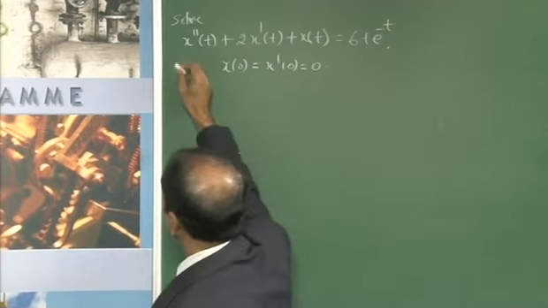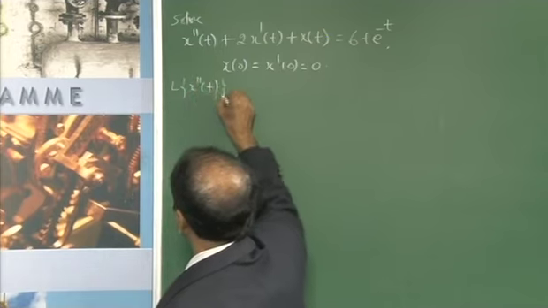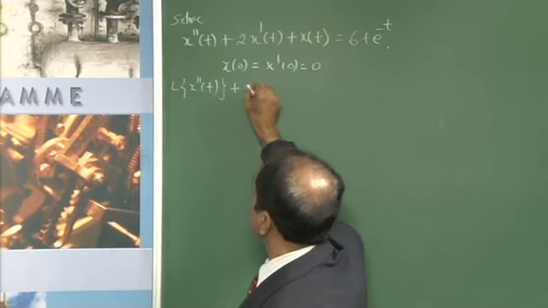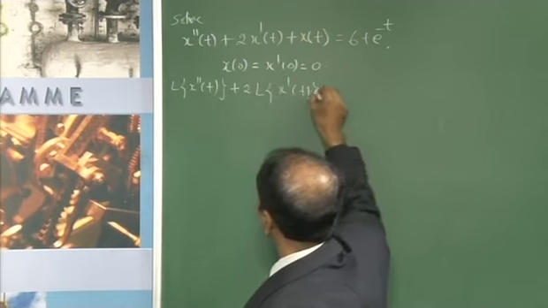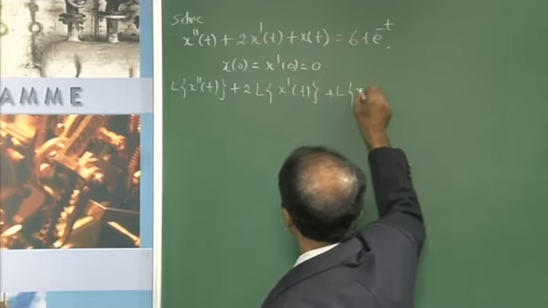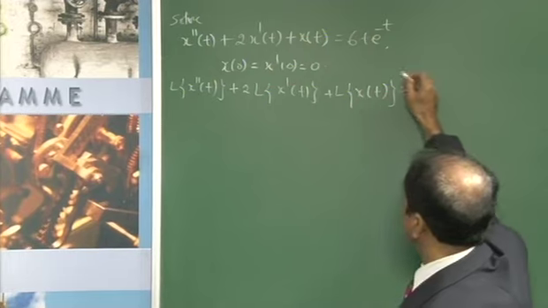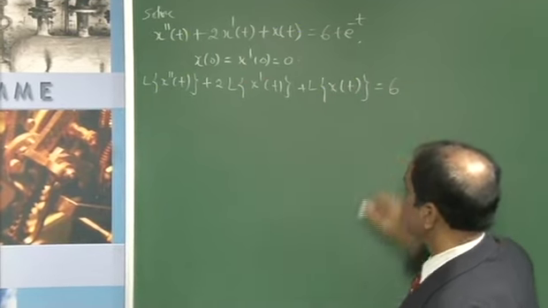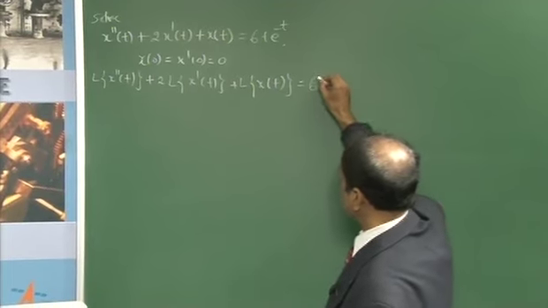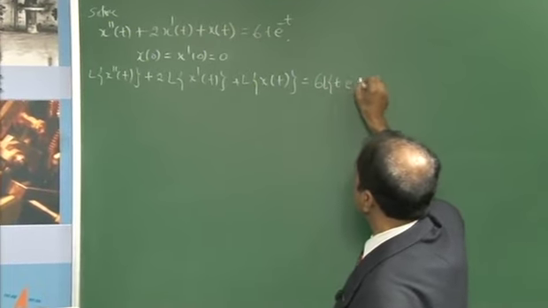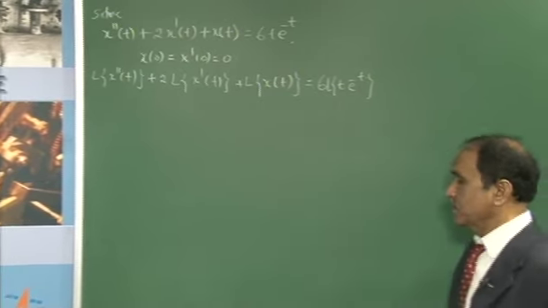Therefore, we take the Laplace transform on each term, that is L of x double dash t plus 2 times L of x dash of t plus L of x t equal to 6, which is a constant and has nothing to do with the Laplace transform, so you can put it outside, times L of t e to the power minus t.